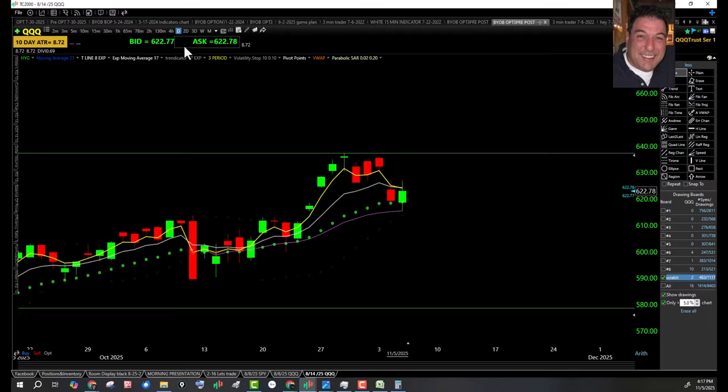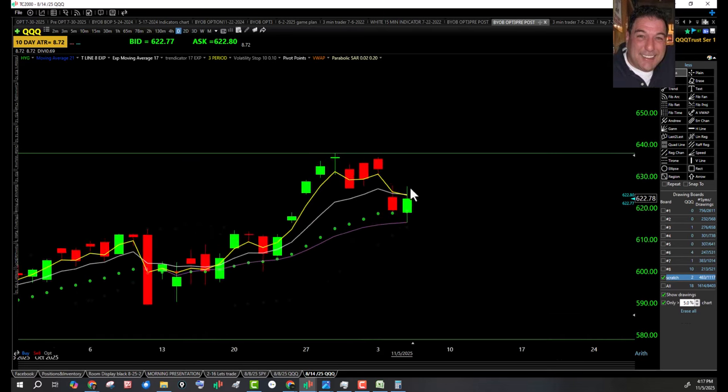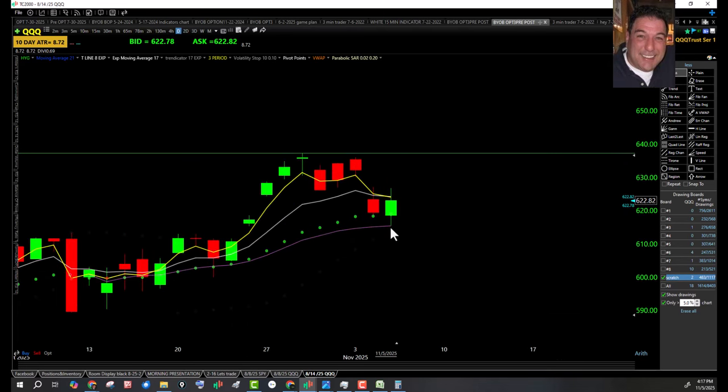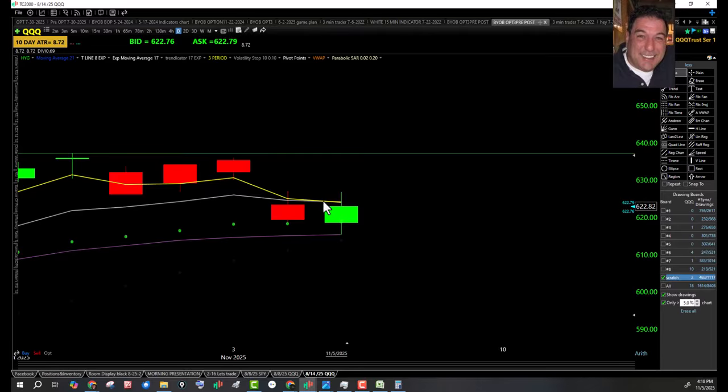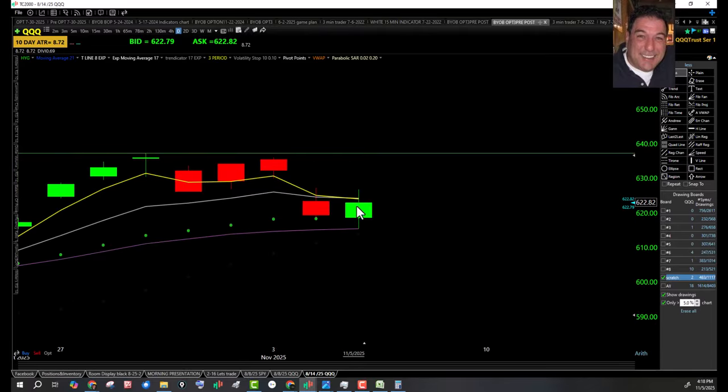So there's QQQ. Got a lower high and a lower low, but we're closing underneath a bearish cross. See the 3 is crossing over the 8 EMA, so that would be a bearish cross. Because if we could see daylight there, we would still have a bullish trap. But because there's no daylight, that becomes a bearish cross.